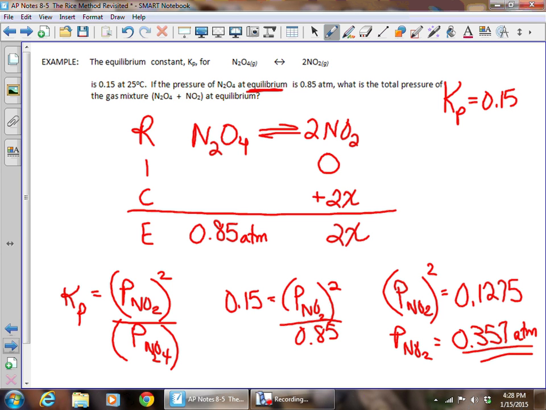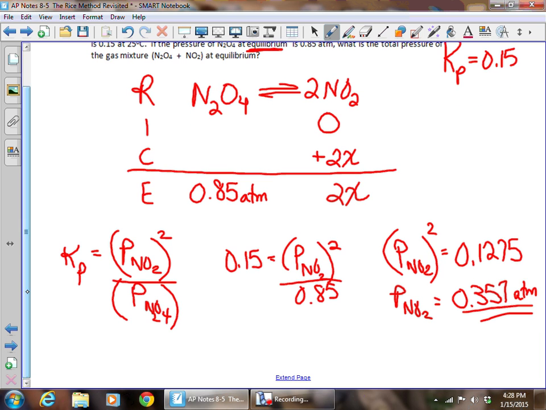Now be careful, because that's not what it asked for. It's very easy to get an x value or a final answer and not answer the actual question. So we found our pressure of NO2, that's our 2x value. If it had asked, the initial here would have been some unknown value, and the change would have been minus x.